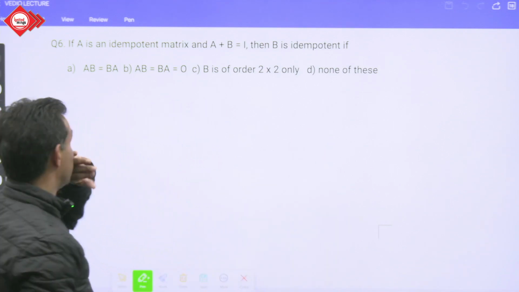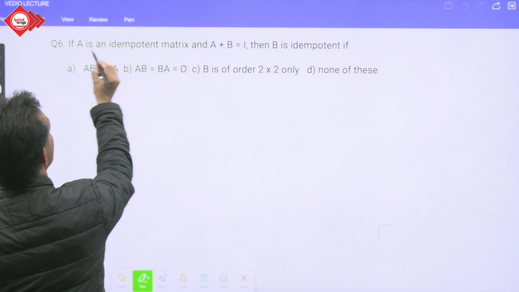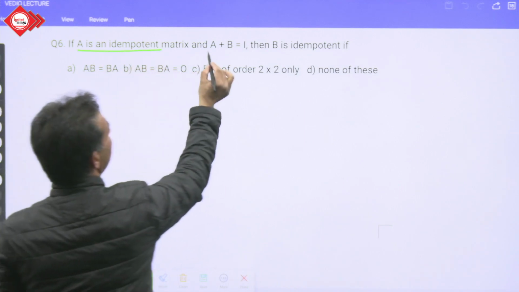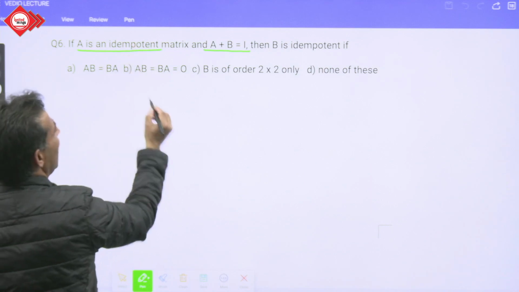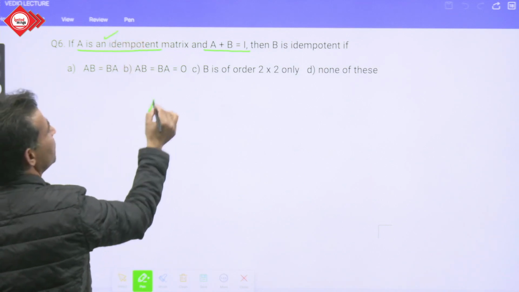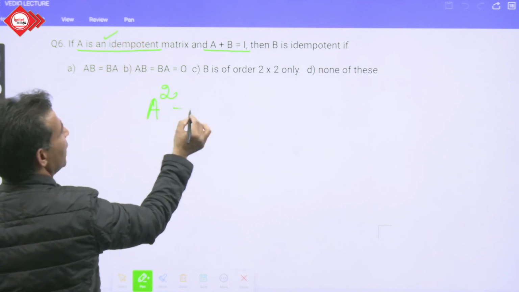Okay. So let us make use of this condition, and so A is an idempotent matrix. What does this mean? Again, A square is equal to A.